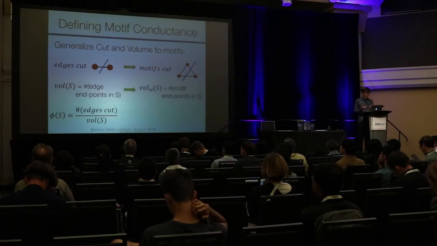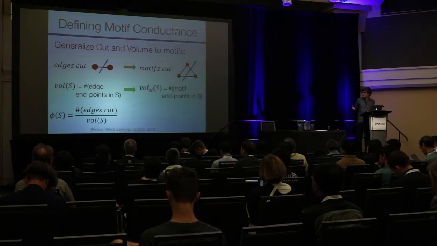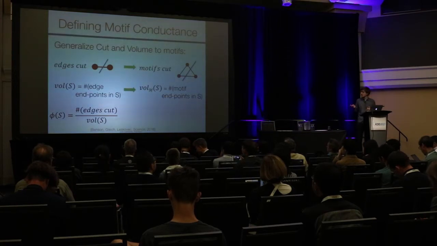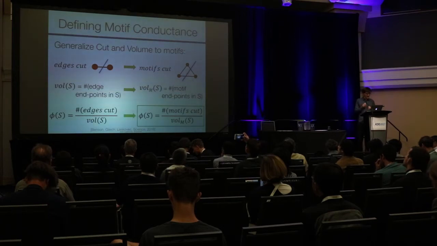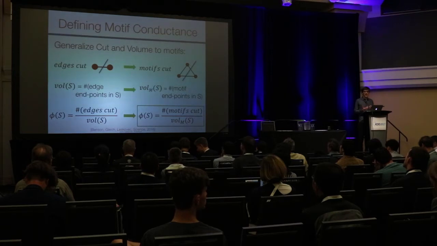Then I can also generalize the notion of volume: rather than the number of edge endpoints in S, I can say this is the number of motif endpoints in S. Then, the same as in conductance, I can take the ratio of these two quantities, and I now have the notion of motif-based or higher-order conductance.